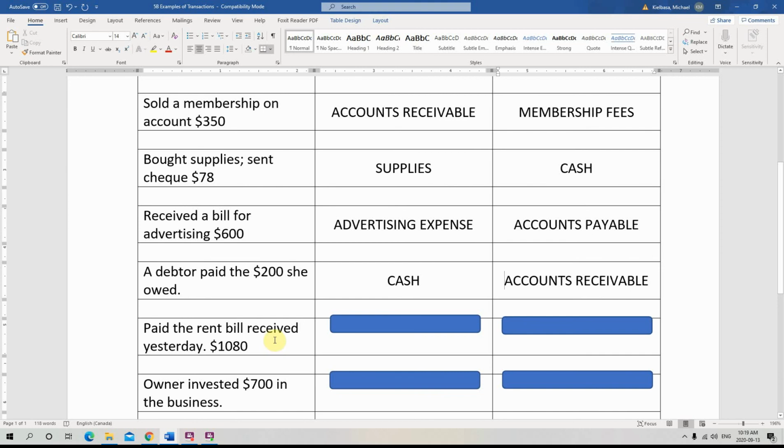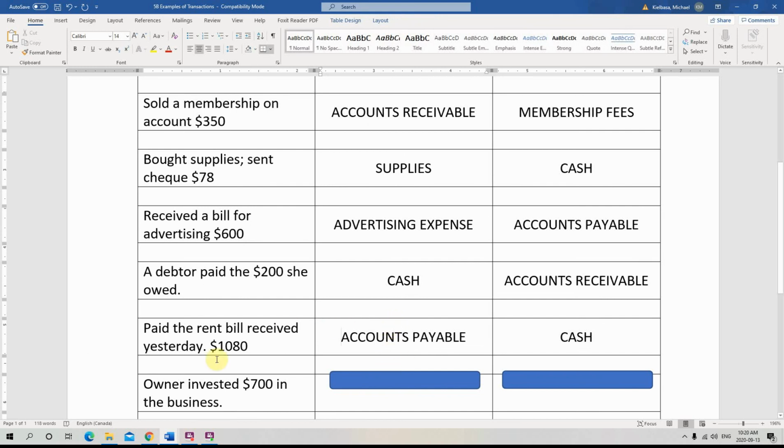So we recorded the expense yesterday and the fact that we owed it. So today, all I'm doing is paying off what I owe. So cash is going to be credited, because I paid it. And accounts payable is going to go down, or is going to be debited.